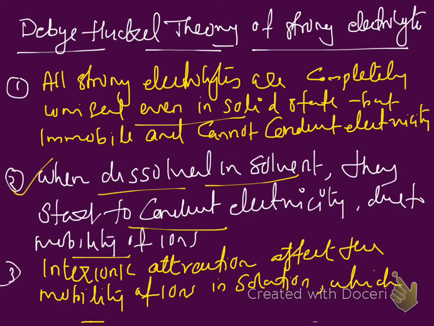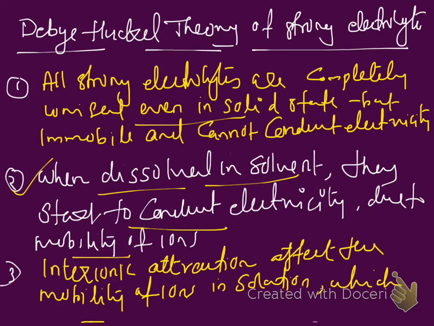The conductivity of such an electrolyte depends on the interionic attraction. That means how a cation attracts an anion, or how an anion attracts a cation, or how these ions influence each other. If there is a good attraction between the oppositely charged ions even in the solution, their conductivity will be less, and if they are free without much attraction between them, high conductance can be expected.